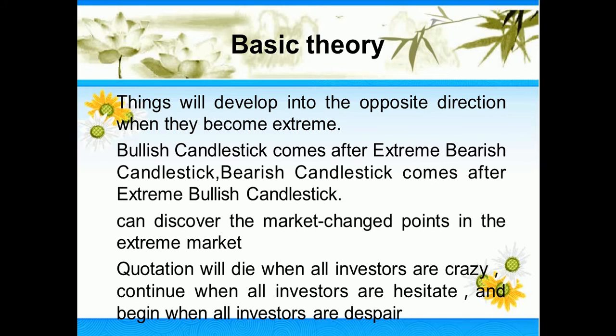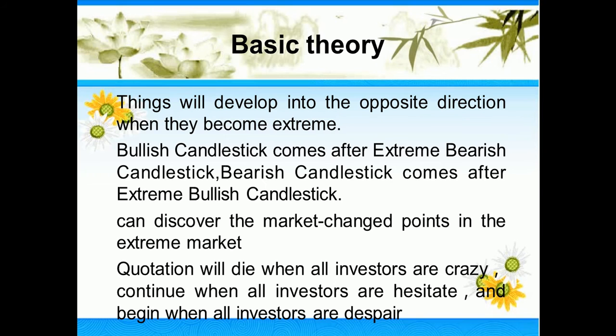A bullish candlestick comes after an extreme bearish candlestick, and a bearish candlestick comes after an extreme bullish candlestick, which can discover the market change point in an extreme market. The quotation will die when all investors are crazy, continue when all investors hesitate, and begin when all investors despair. Okay, so this is the basic theory.